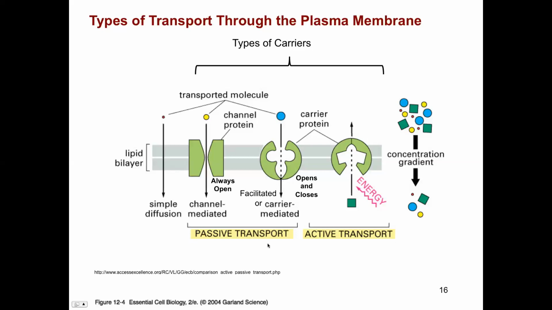We say that these are passive because no energy is required here. Now, if you have a facilitated or carrier mediated transporter and you have to, I'm going to use the term pump, something across the membrane against its concentration, so low to high concentration, energy is going to be needed. And that is called active transport.